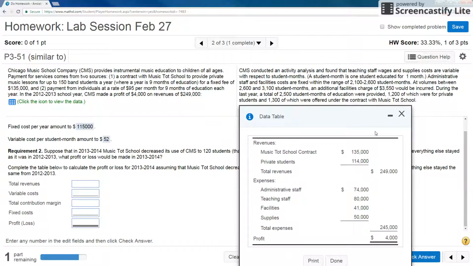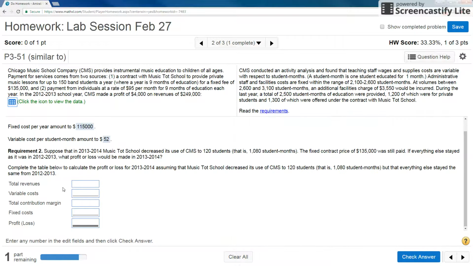Okay. Now the question says the music department decreased its use of CMS to 120 students, which is 180 students a month. The fixed cost contract price 135 was still paid if everything else stayed as it was in 2012, and then it asks for the profit.